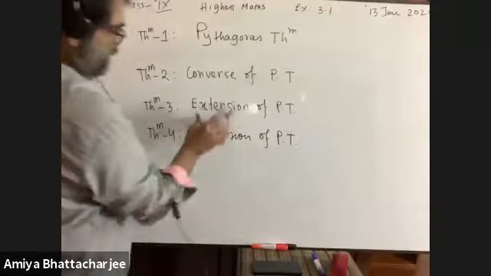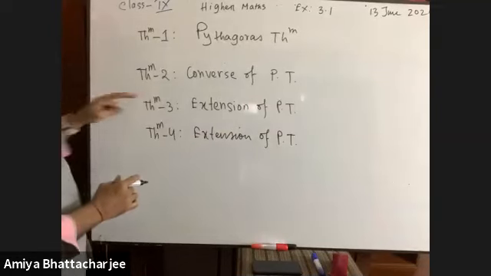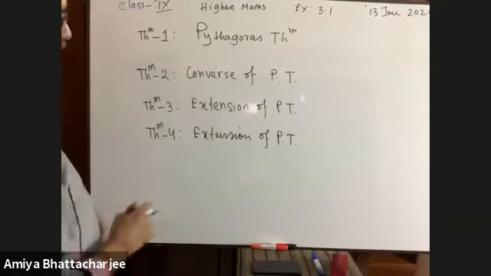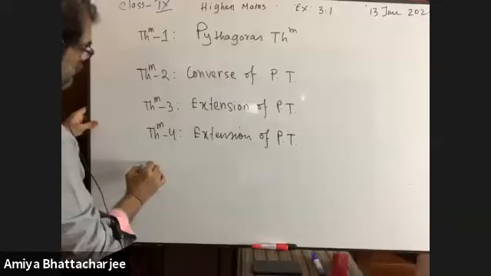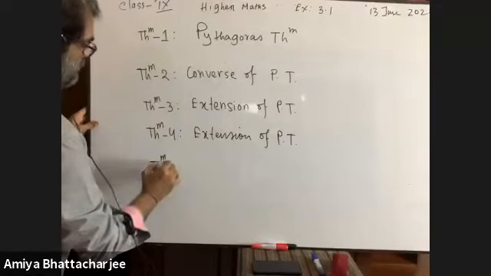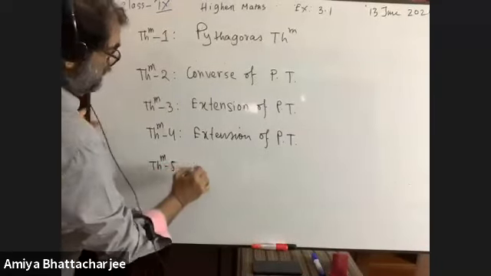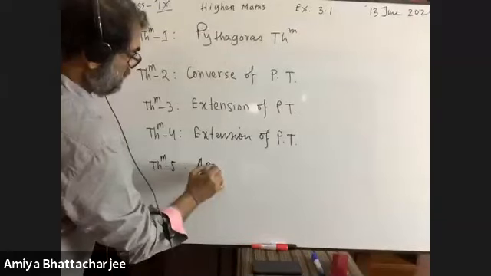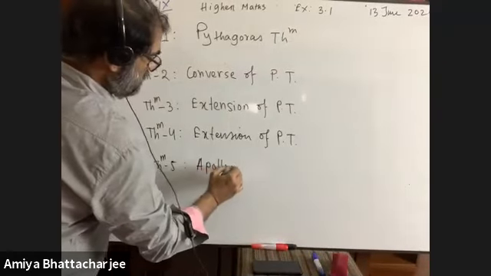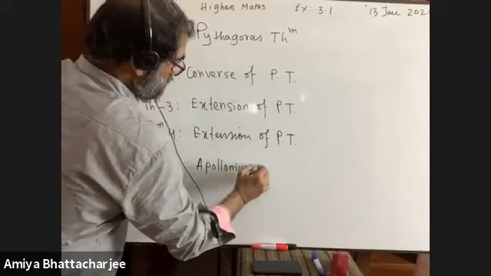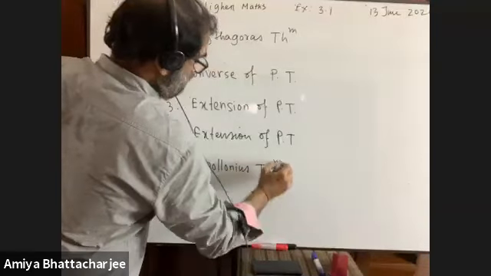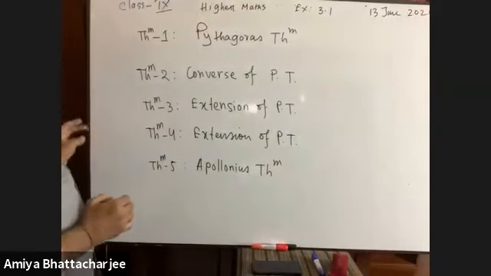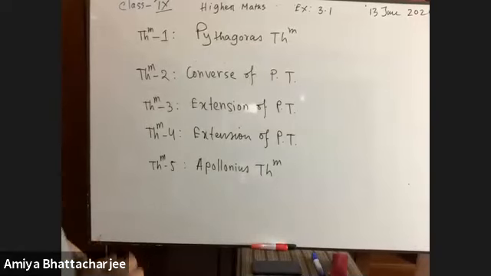I am coming to these 2 parts again because I wrote the same thing, but there is a difference. Theorem 5 is Apollonius theorem. So we have got all these 5 theorems.